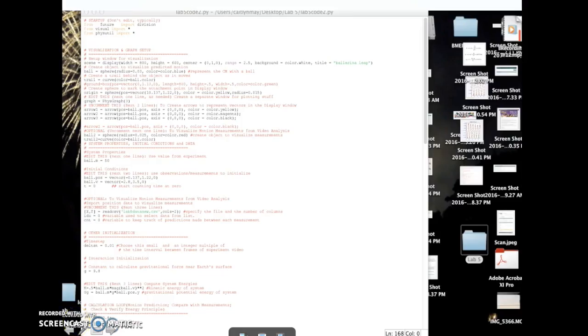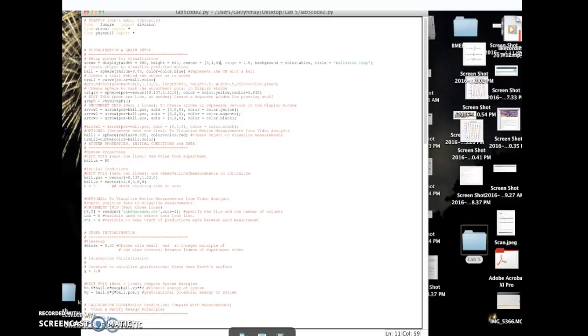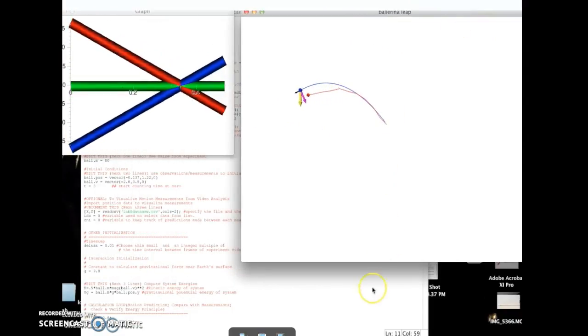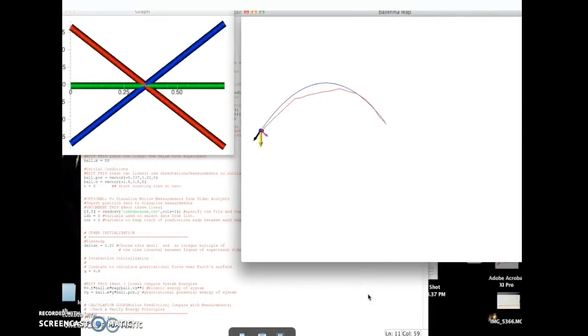When I run the code again to look at the energy graph, this is what we get. When we look at the energy graph of the model on the left, we can see that energy is conserved, because the green line representing total energy is showing zero change in energy.